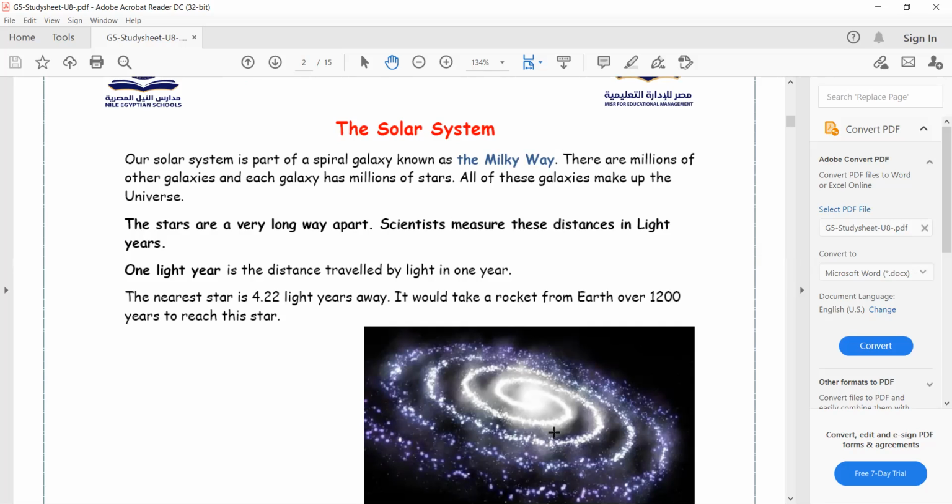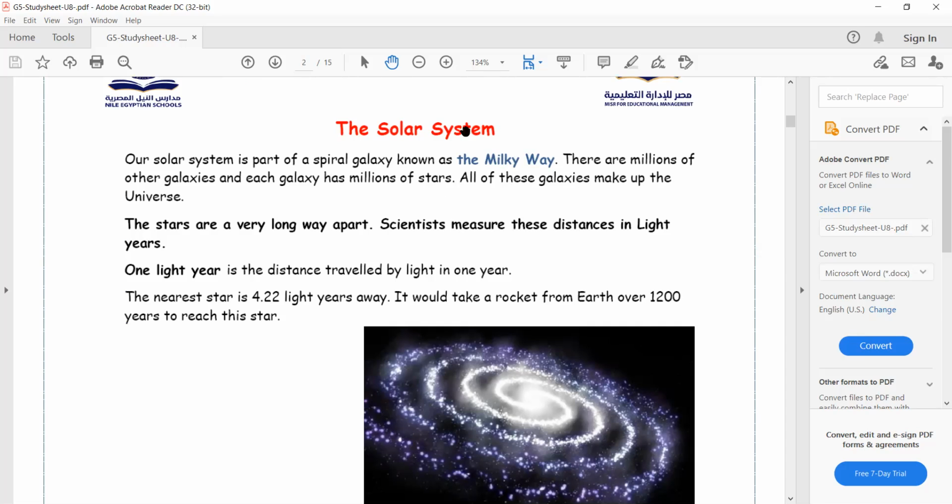So our solar system contains the sun and the other planets, and every part in this solar system belongs to a huge thing called the Milky Way galaxy.